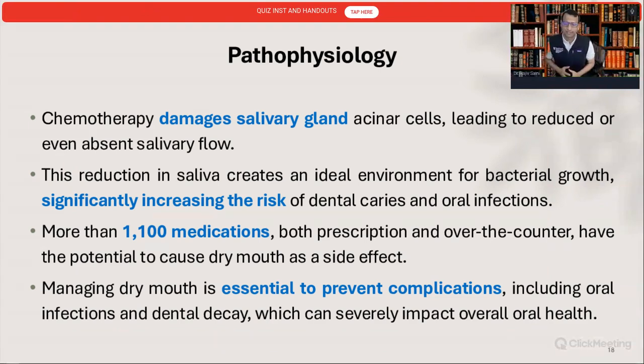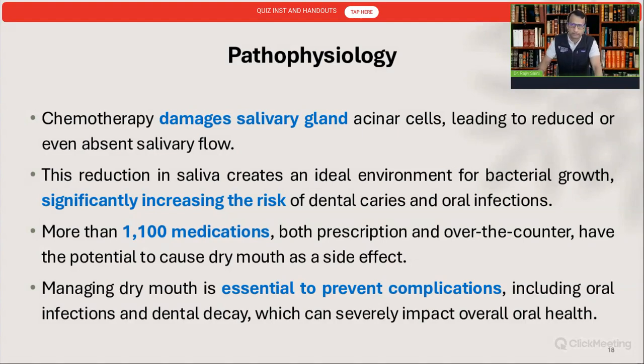When we understand the pathophysiology of xerostomia, chemotherapy damages the salivary glands, particularly the acinar cells, leading to reduced or absent salivary flow. Though there are other conditions, around 1100 medications have been identified that can also contribute to xerostomia.